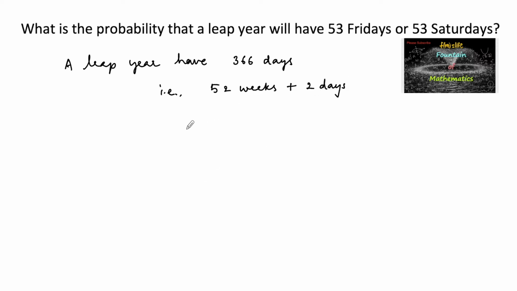So in which we will have 52 Fridays and 52 Saturdays for sure, because every week we will have Friday and Saturday. So 52 Fridays and 52 Saturdays are for sure.